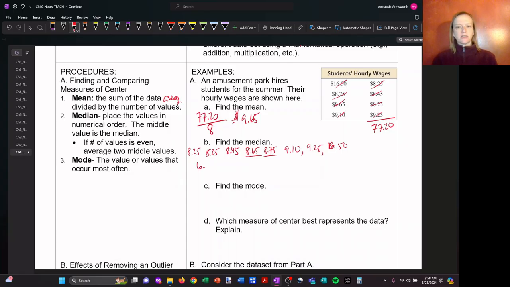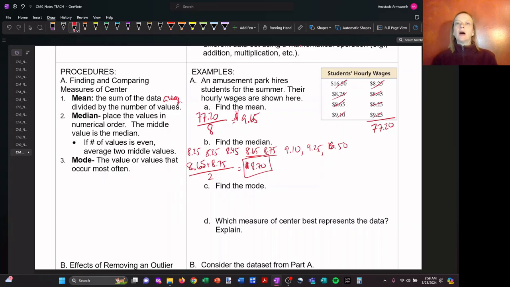Remember, an average is just 8.65 plus 8.75. This time I'm only averaging 2 values, so I divide by 2. That gives me an answer of $8.70. You could have really done that in your head without actually doing the calculation. But $8.70 is the median value for this data set.